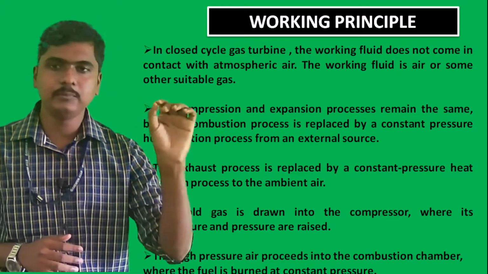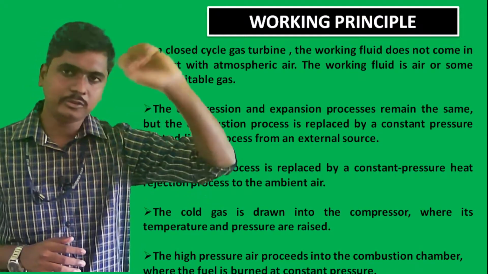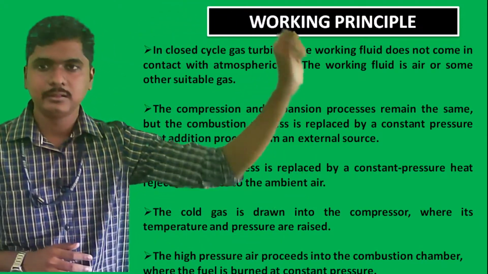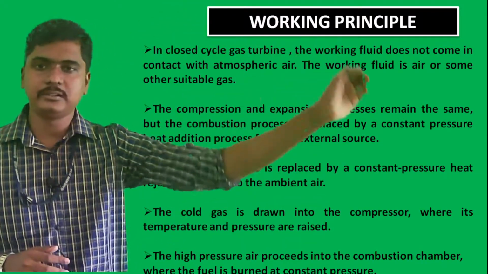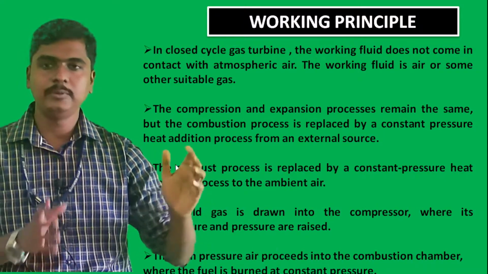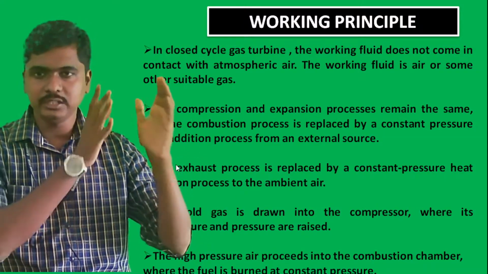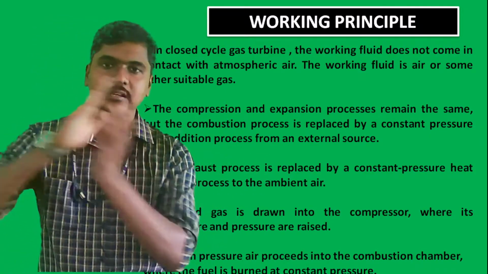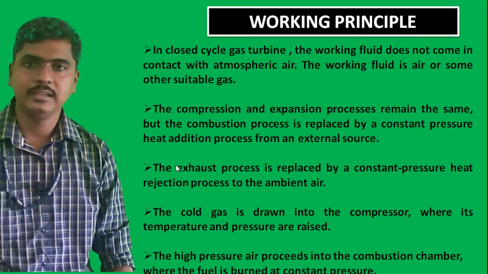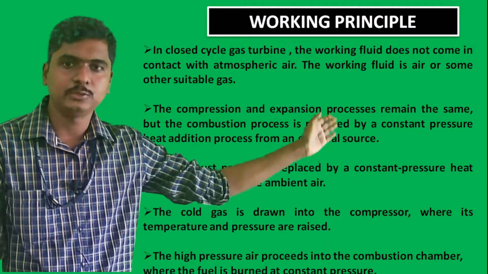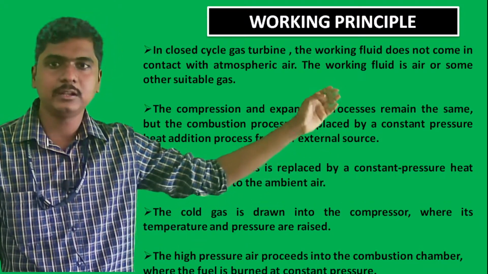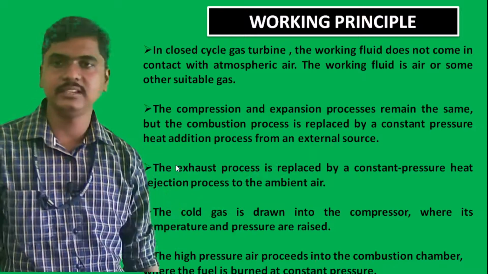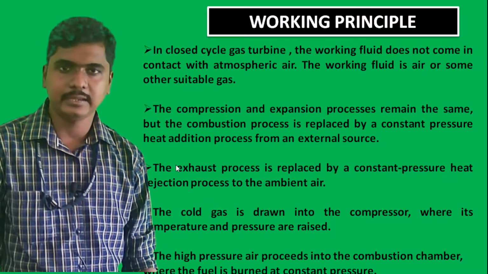The same fluid circulates inside the various components. So there is no physical contact between the working fluid of a closed cycle gas turbine and the atmospheric air. That's why the working fluid is air or some other suitable gas. Any gas can be taken.